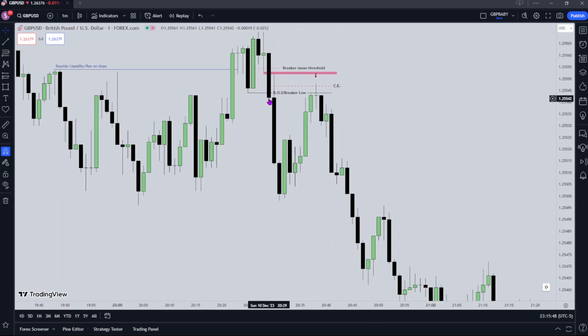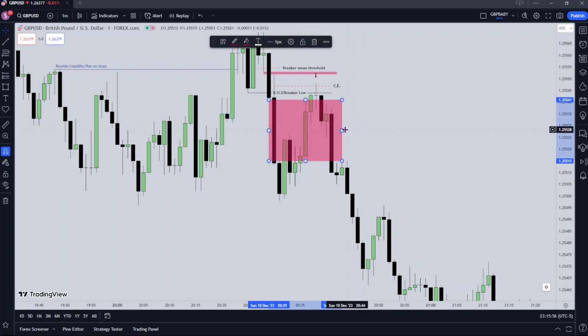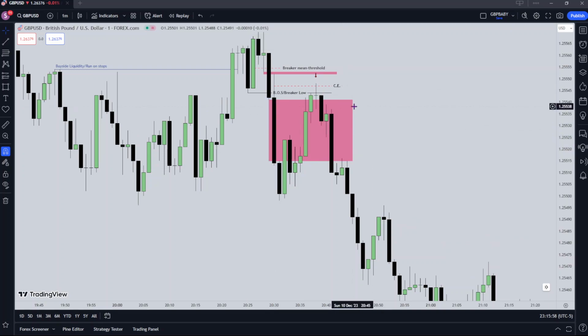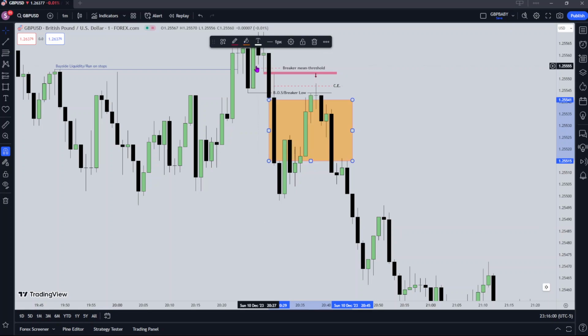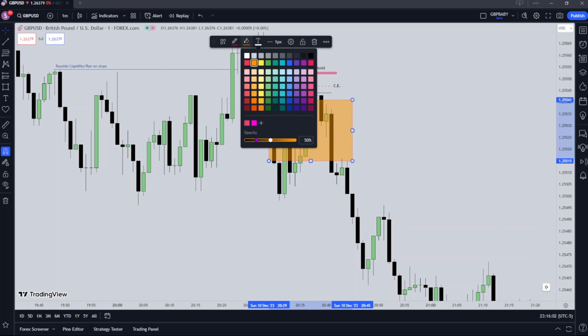We fill in this fair value gap, this entire range gets filled. So let's look at that. You can look at how price trades into it, and make it a bit lighter though.